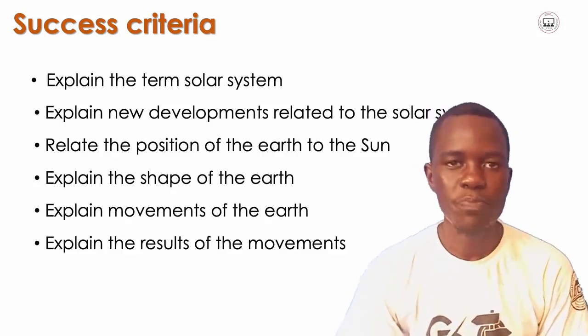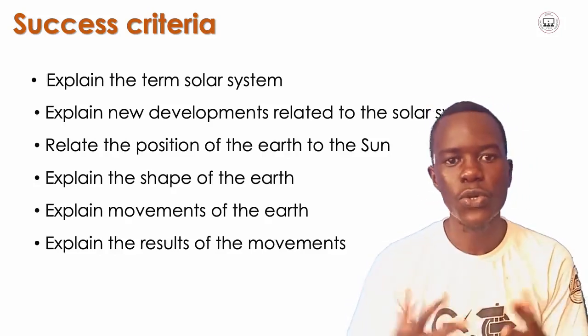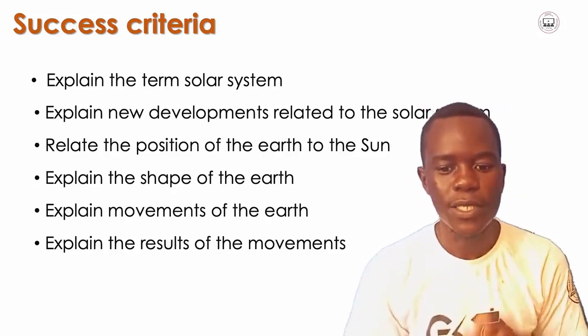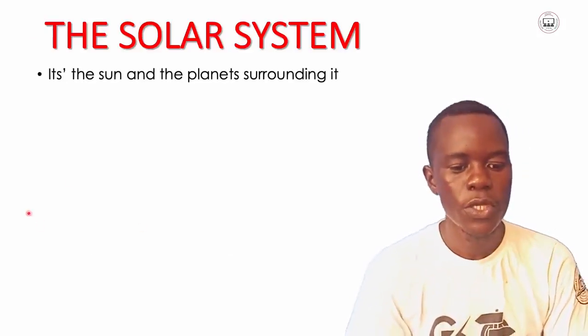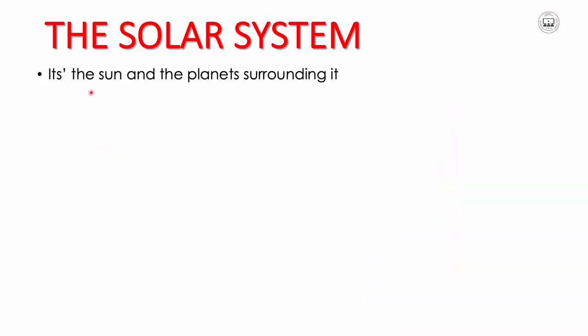Now, let's begin this topic by defining the term solar system. What is the solar system? The solar system can be defined as the sun and the planets surrounding it.